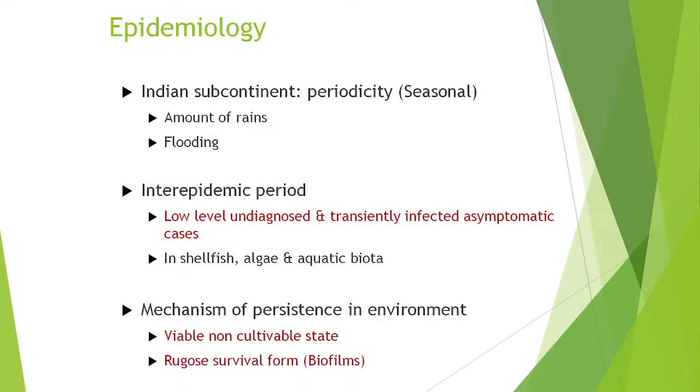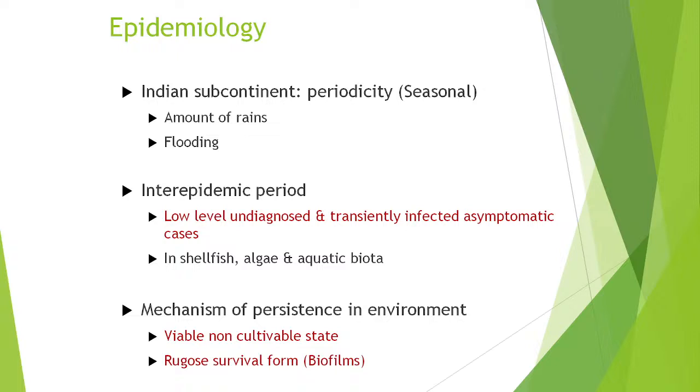This rainy season and flooding, because it also leads to displacement of people, leads to an increased number of cases. These are certain factors. Then during the inter-epidemic period, there are low-level undiagnosed and transiently infected asymptomatic cases.